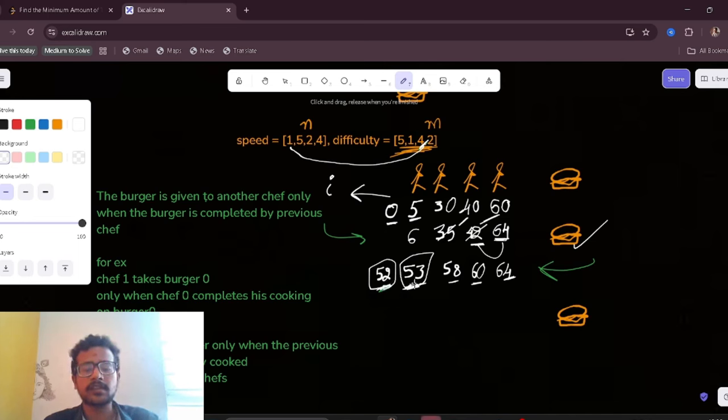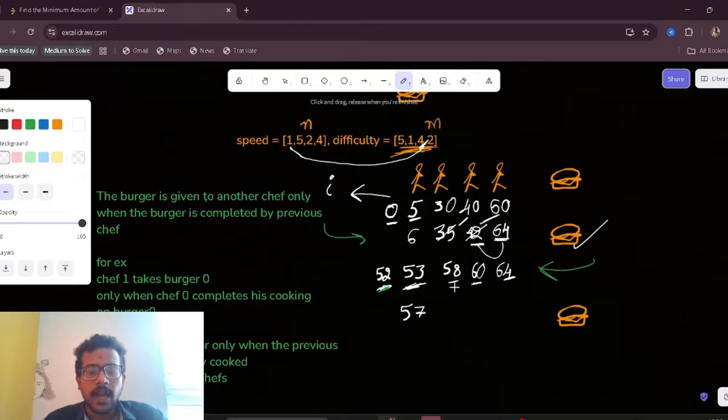So, I would take the maximum from these two. That's why I said, hold on to know why we are taking the maximum from these two adjacent elements. Now, let us take 52 and 53 for chef 0. So the 53 would be the maximum. Now, if I add 4 into 1, which is 4, to 53, it takes 57.